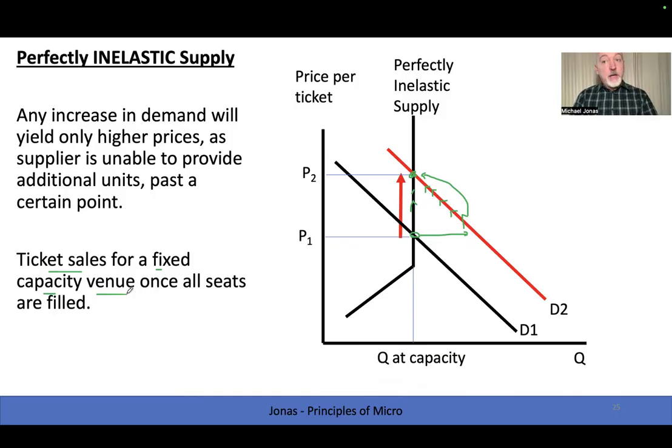There's only so many of them. There's only so many seats available. And once that last ticket is sold, we hit our capacity. Now as demand increases, all that's going to do is put upward pressure on price. So again, an extreme example, but in a short time frame, not too uncommon to see.